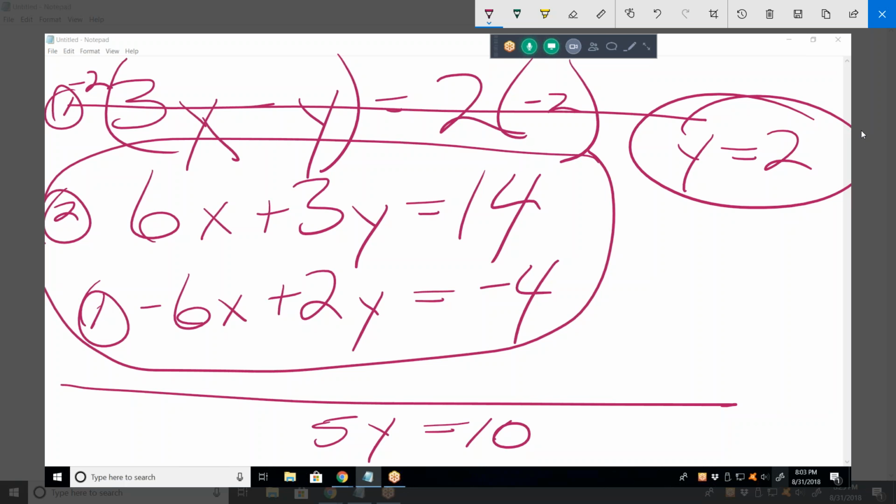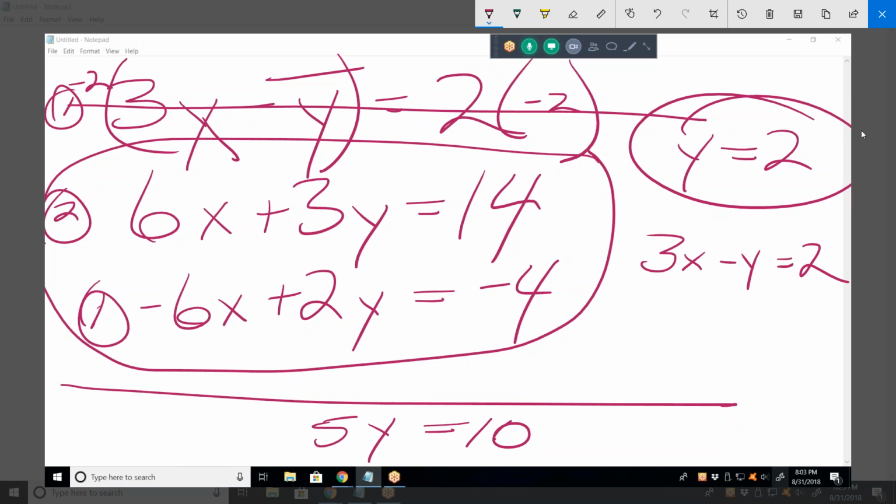Now this is one of the unfortunate parts about me drawing a line through this equation, because if you're really trying to solve for x, the easiest one is this original one. Notice the numbers are all really small. It's 3x minus y equals 2. So that's the one I want to use.